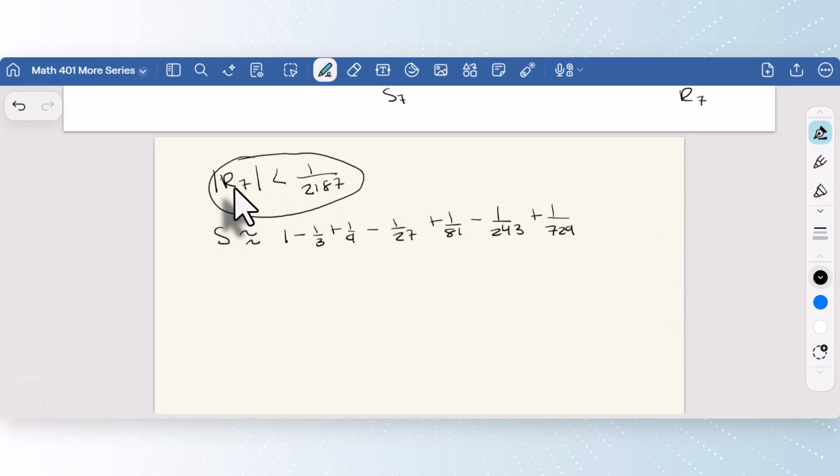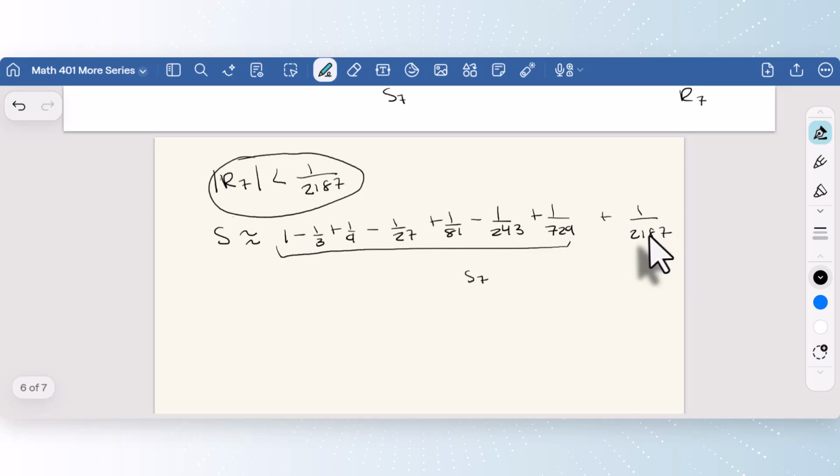And so we can say the sum approximation is the sum of the first 7 terms plus the remainder, and the remainder is smaller than this, so plus 1 over 2187. This is because our remainder is smaller than that, and so this will give us the sum approximation.